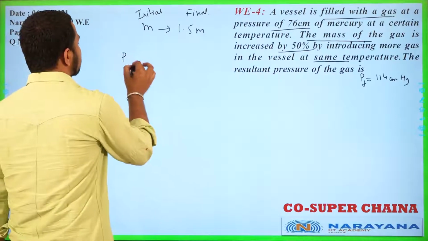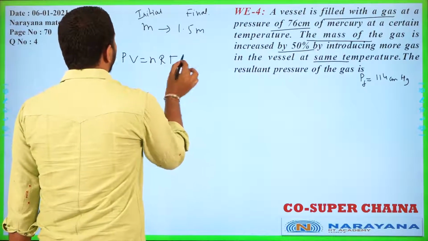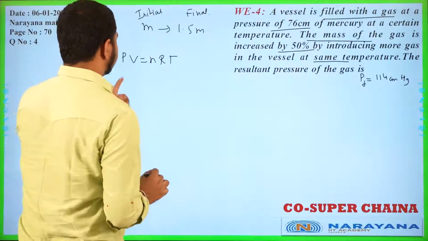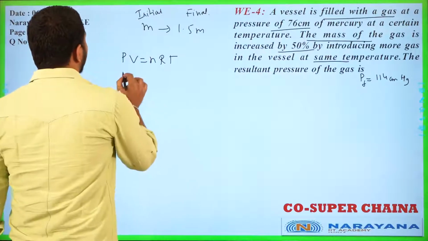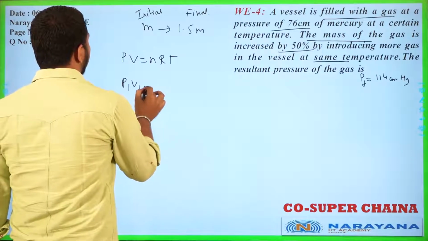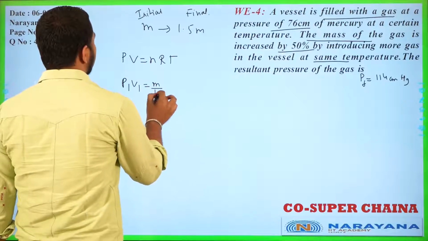So we know PV is equal to nRT. If we equate the things here, we can write P1 V1 is equal to mass by molecular mass times RT.